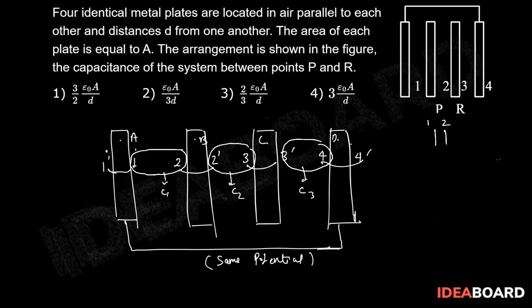Now 1 and 1 dash will have the same potential, correct? And 2 and 2 dash will have the same potential. So let's say this is our 2 dash, and this will be 2 dash and 3, because this is another capacitor. So this plate is 2 dash and this plate is 3.